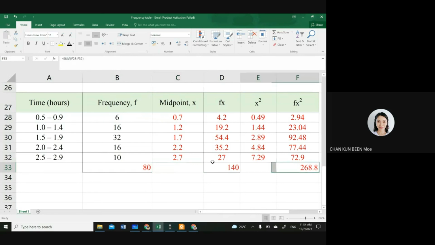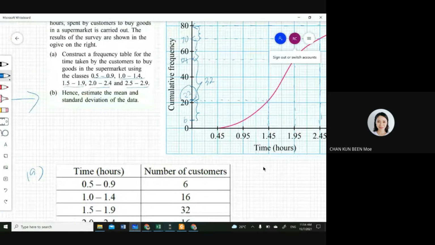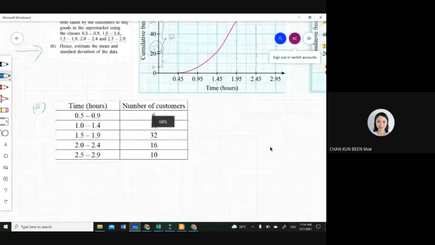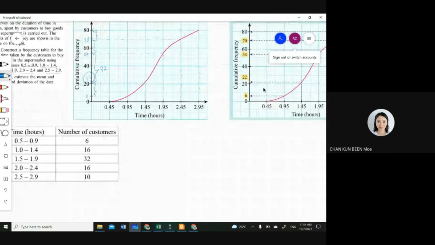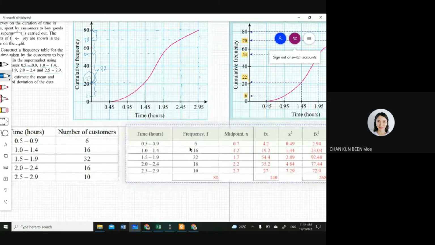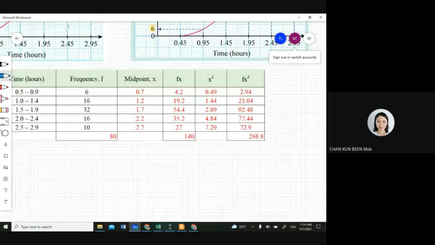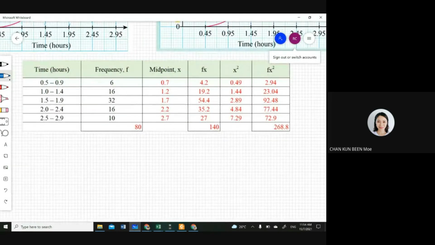Okay, so from here, we can get the mean already. Now, we are going to find the mean. How to get the mean? Mean is equal to how much?